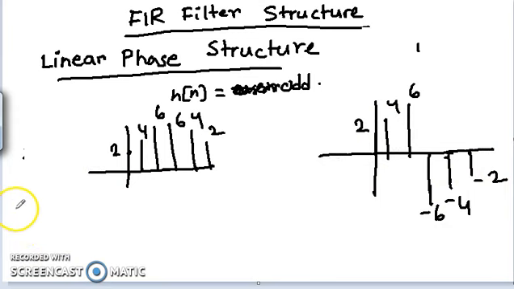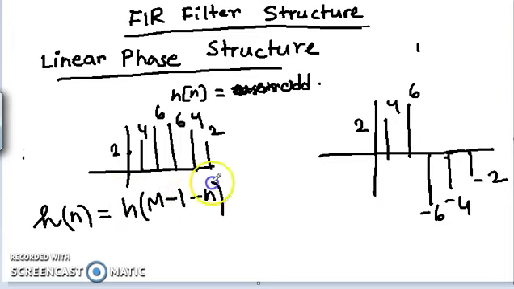Now, in case of symmetric, for a linear phase FIR filter, it must satisfy the condition: if it is symmetric, the impulse response h of n is equal to h of m minus 1 minus n.